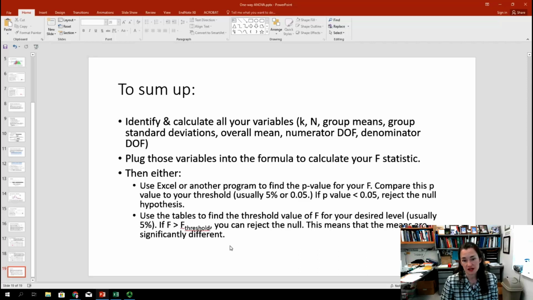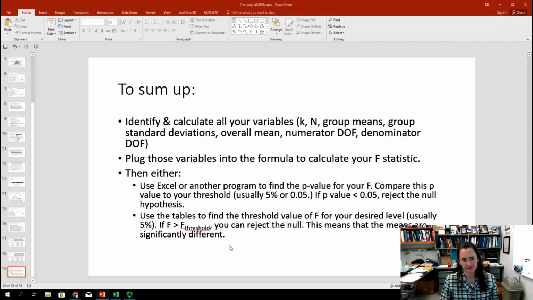You can either use Excel or another program and find the p-value for your F. And then you're going to compare this p-value to your threshold value, usually 5% or 0.05, or 1% or 0.01. If your p-value is less than 0.05, for example, if that's your threshold, then you can reject that null hypothesis because the chances that your F statistic would be that large are smaller than 5%, or whatever your threshold is.